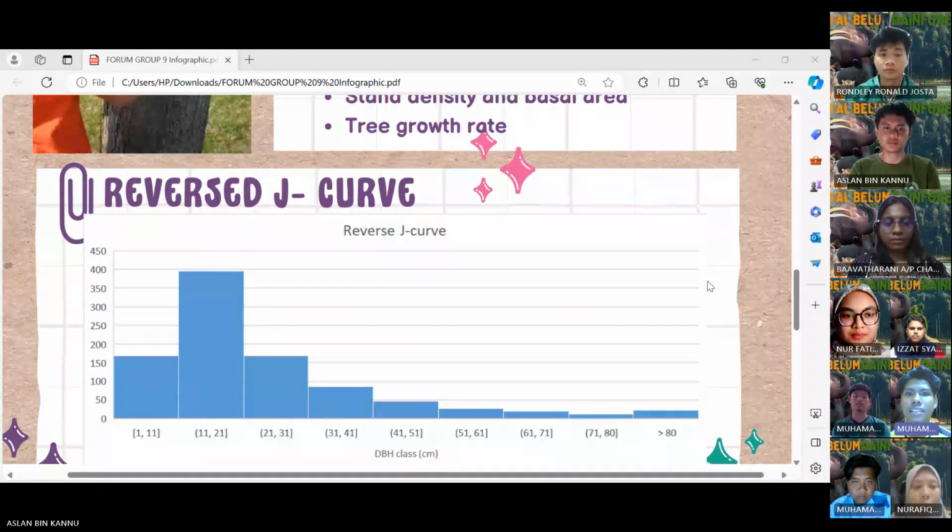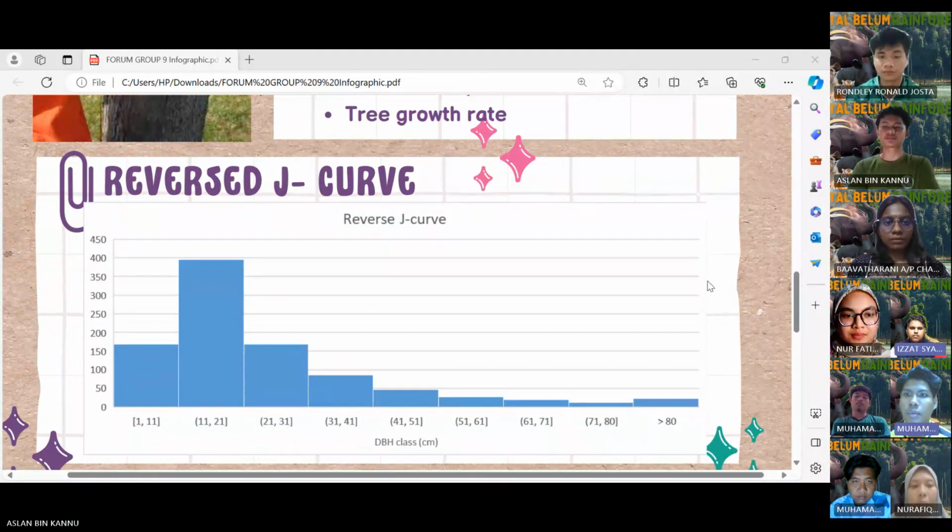The basal area is the cross-sectional measurement of the tree measured at chest height, diameter 1.3 meters from the ground surface. Basal area is usually measured in units of area such as square centimeter or square feet.